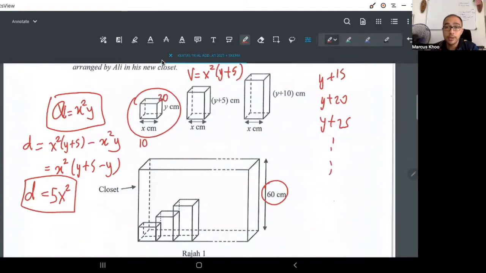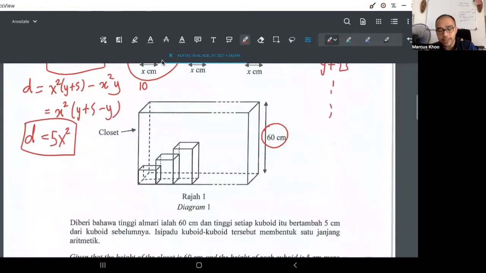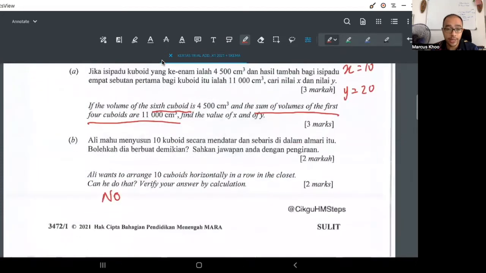So 25. We take a look at the height of the 10th one. If the height of the 10th one is less than 60, then it can fit. But if the height is more than 60, then it cannot fit. The answer here is no, but how do you prove it?